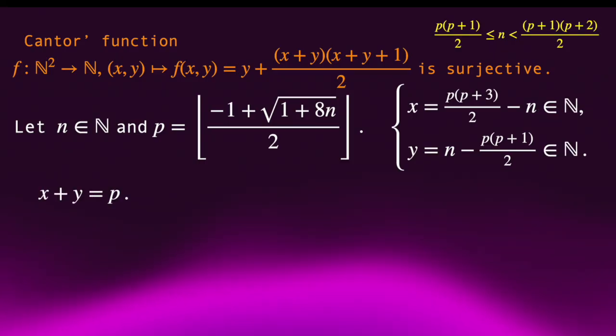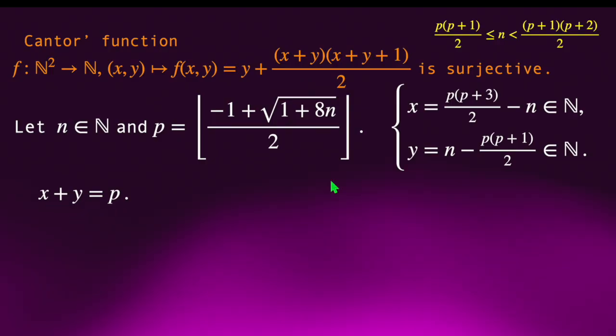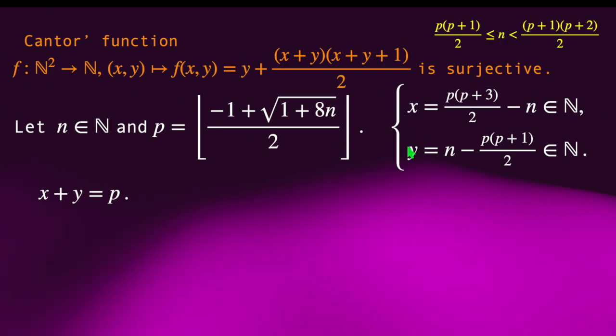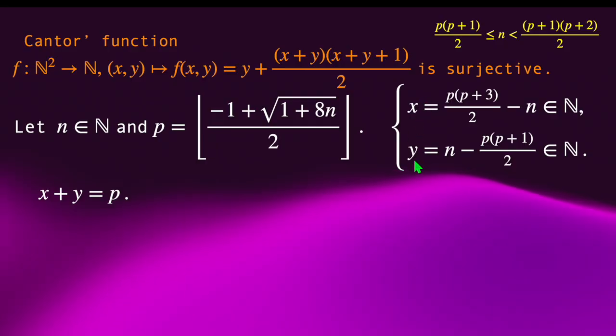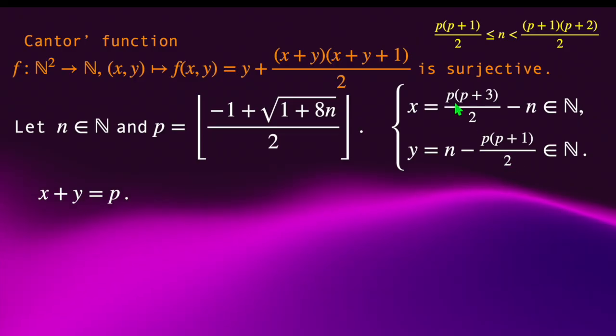Now we will show that f(x,y) is equal to n. It's easy. We have x plus y equal p from this relation. If you compute x plus y, you get this minus this, you get p.